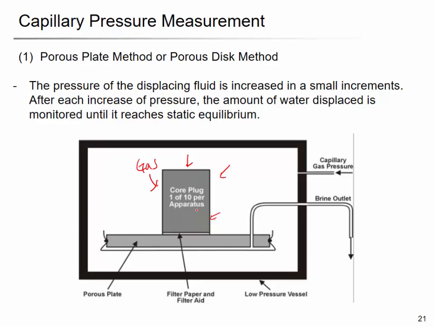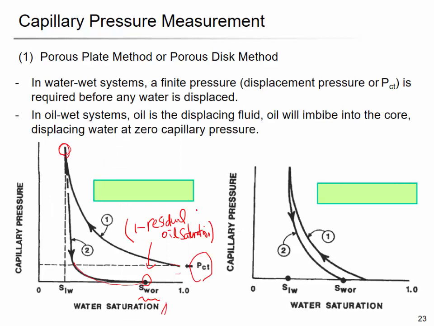And then the water will be displaced, so you can see that at capillary pressure 0, it decreases up to here just by contacting with the oil, because the rock wants to be coated by the oil. Then, as you increase the pressure, it will just go here, and this is the residual water saturation. And then, when you decrease the pressure, it comes to here, the residual oil saturation. The water wet system and the oil wet system.